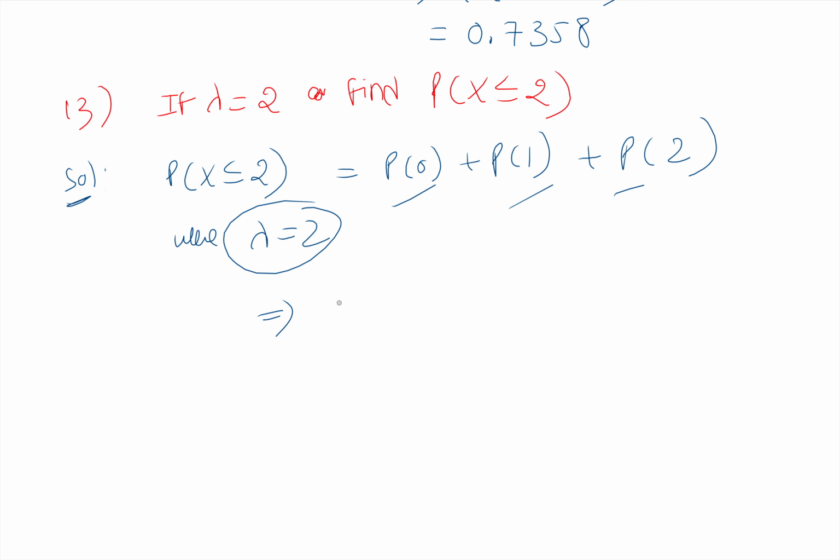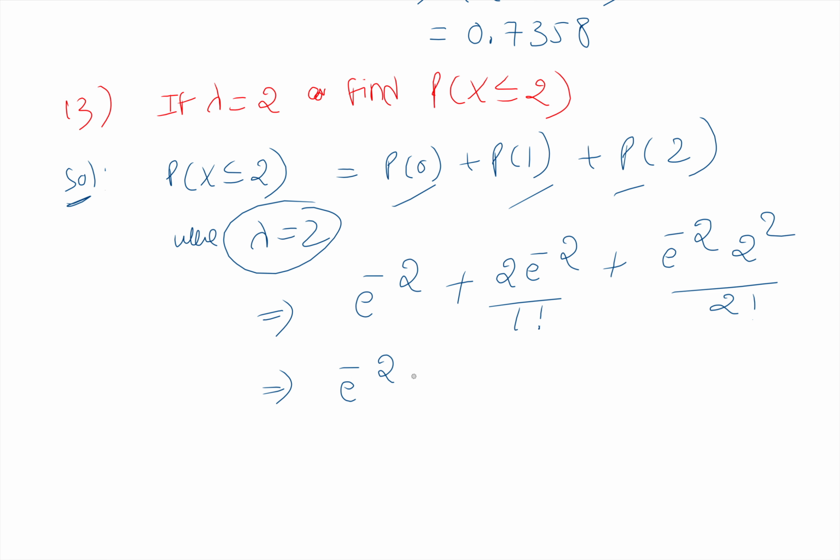Okay, so you have to calculate this. That is e power minus 2 for probability of 0, then 2 into e to the power of minus 2 by 1 factorial for probability of 1, and e to the power of minus 2 into 2 to the power of 2 by 2 factorial for this.